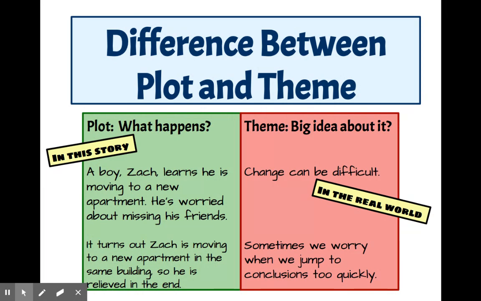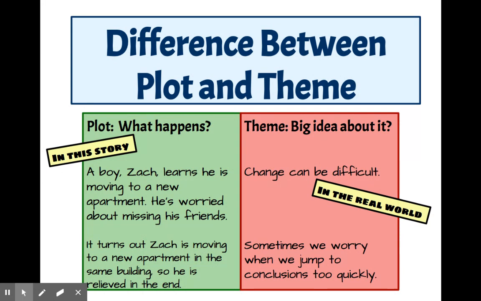Notice it's not just about moving, it's not just about Zach, it's not just about losing friends. It's a much bigger idea that applies to the human condition. We all know that change can be difficult. It turns out that Zach is just moving to a new apartment in the same building, so he's relieved in the end.